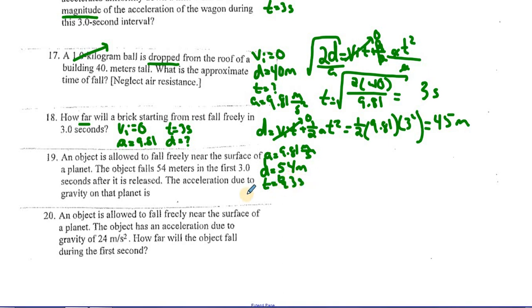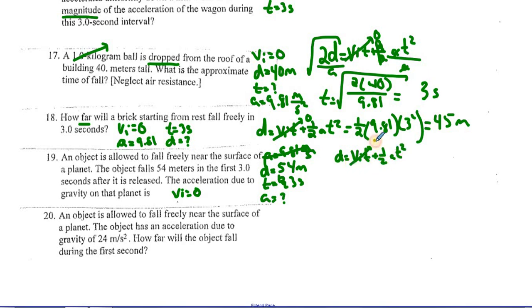And we want to know what the planet is, so we're looking for the acceleration. And something that is implied here is that it starts from rest. Okay, it's dropped. So d equals vit plus 1/2 at squared.